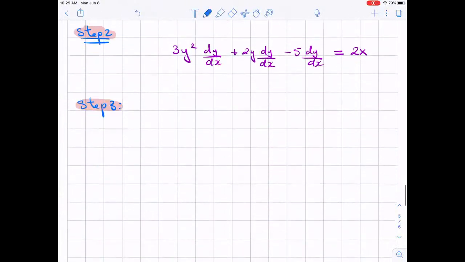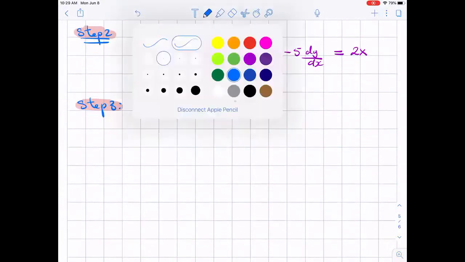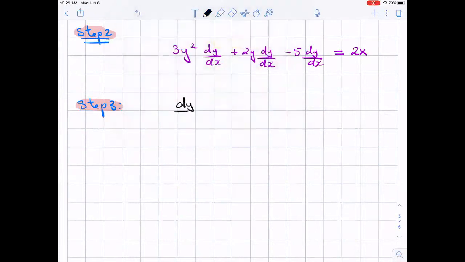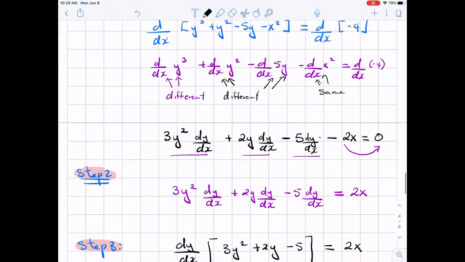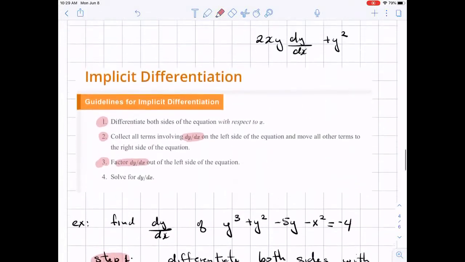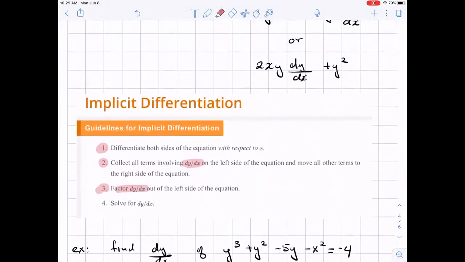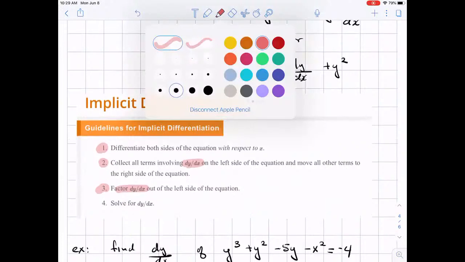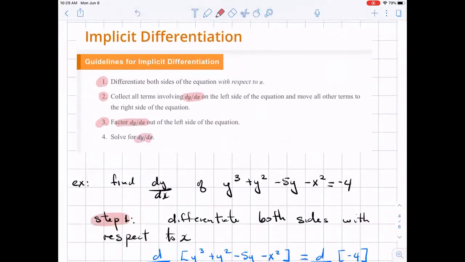So if we factor out the dy/dx, we have dy/dx, and if we factor that out, we're going to have 3y squared plus 2y minus 5, and that is equal to 2x. And then finally, step 4 says solve for dy/dx, okay?